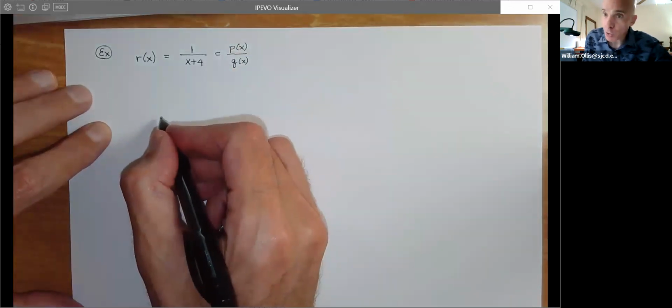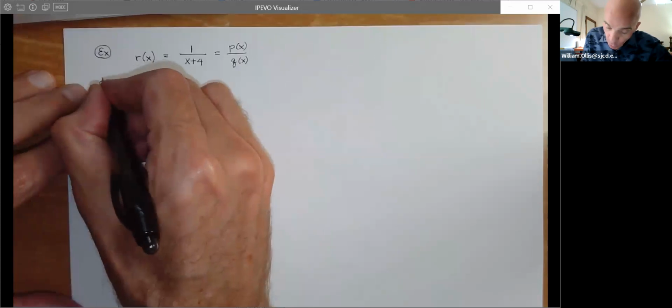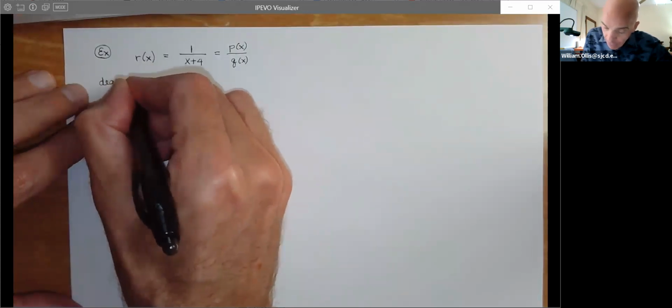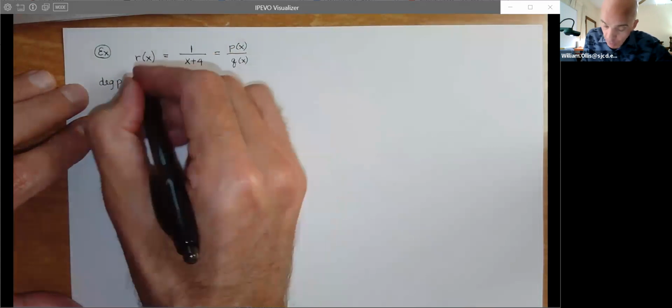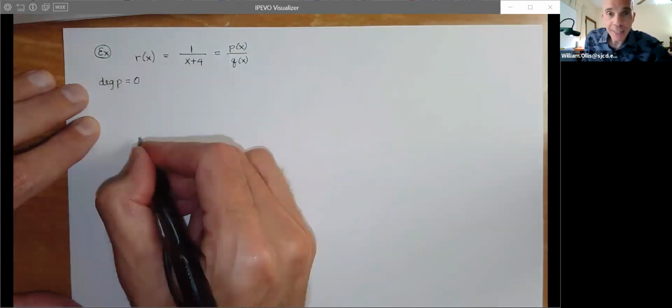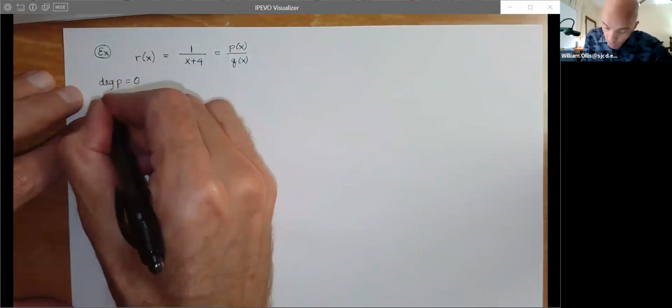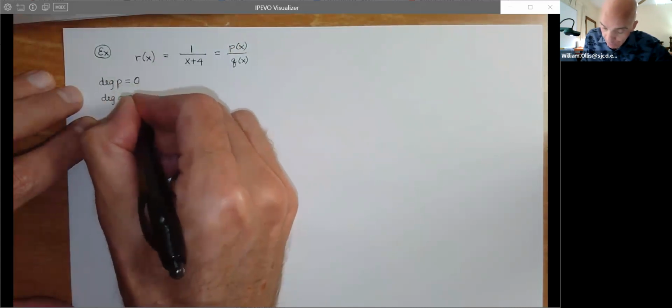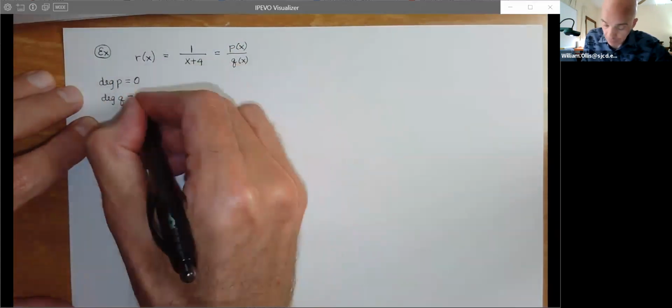Okay, well, that's a rational function. And so we say degree of P. Well, the degree of the constant polynomial, that's just 0 by definition. And then, of course, the degree of Q is just 1.